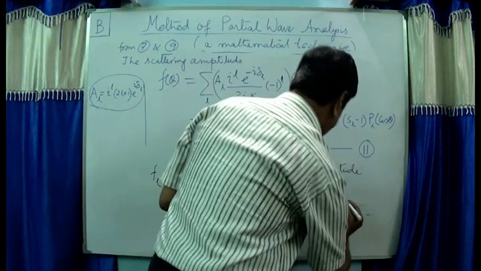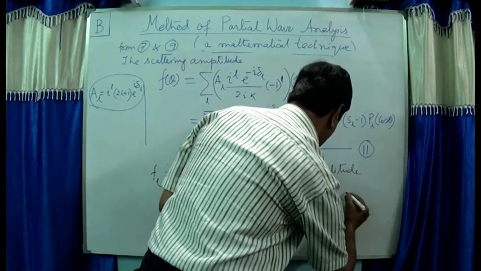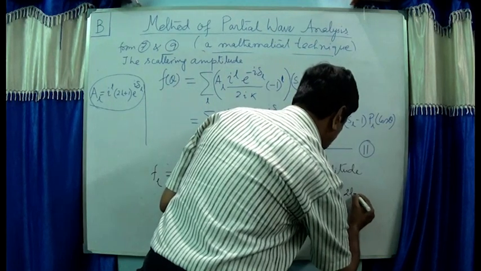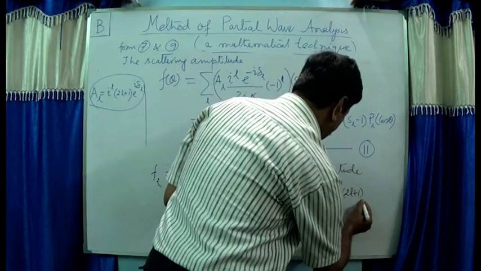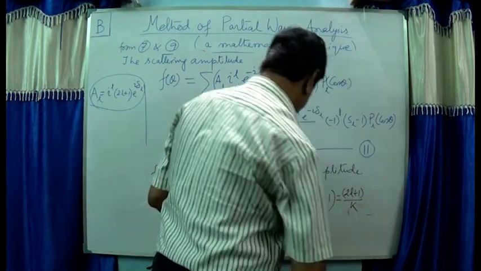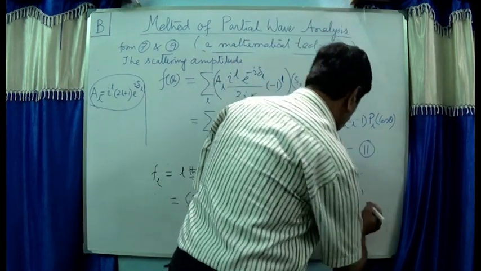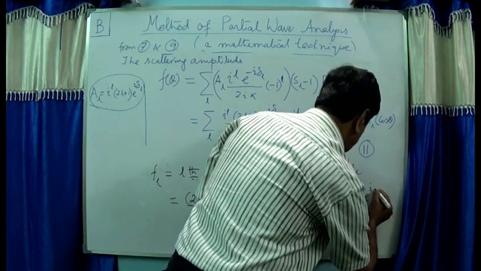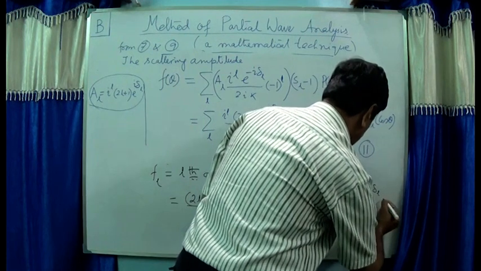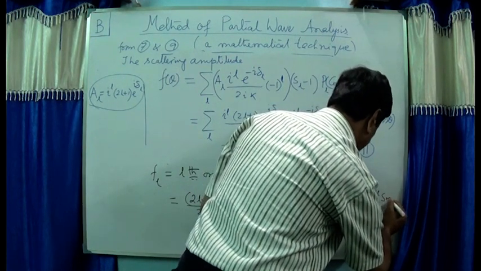Again it can be written in this form, (2L plus 1) by k, into e to the power i delta_L, into sine delta_L.